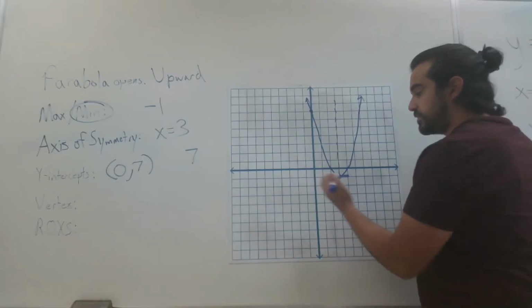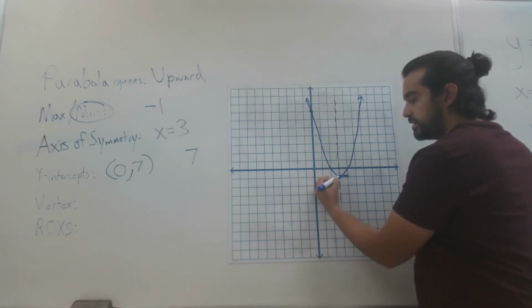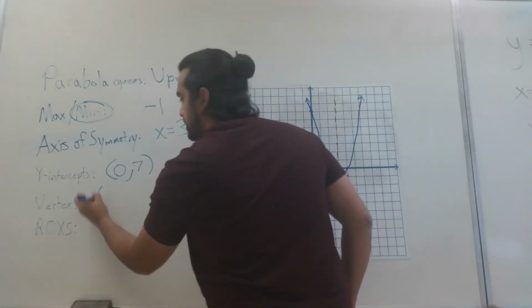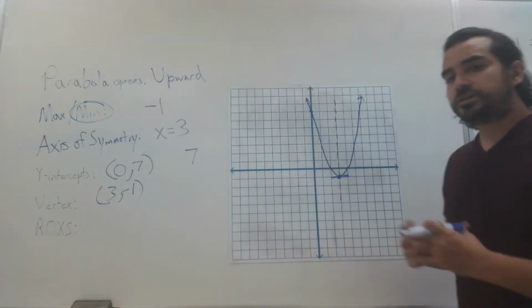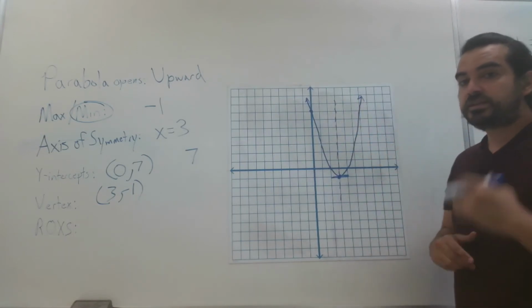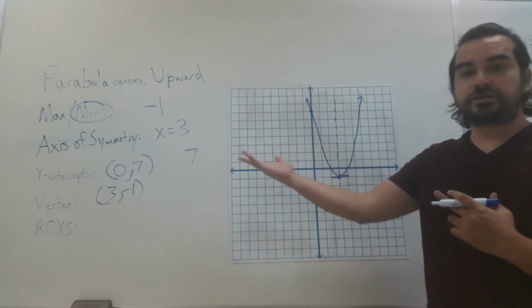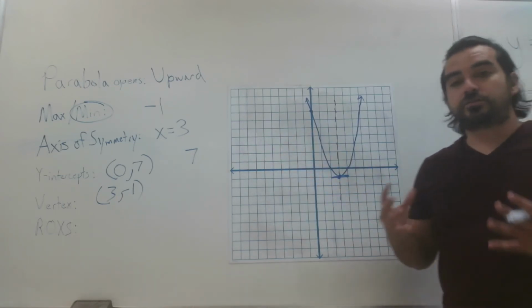So my vertex is going to be 1, 2, 3, (3, -1). Another thing you may notice is that your axis of symmetry crosses your vertex, and also your minimum is part of the vertex.